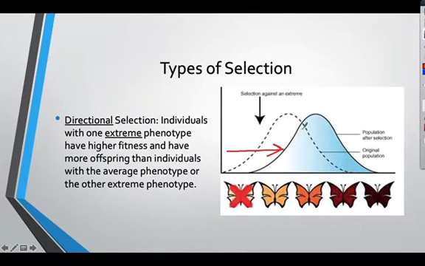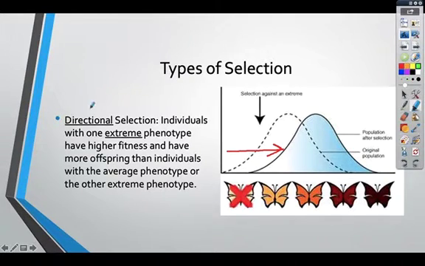So basically what's happening is one extreme phenotype is going to be favored over the average or over the other extreme. Like in this case, you've got the butterfly colors here. You see that the darker would be one extreme color down here, and then the really lighter is the other extreme, and then these are average. Well, you see that the extreme is being favored, and so it's moving in that direction.